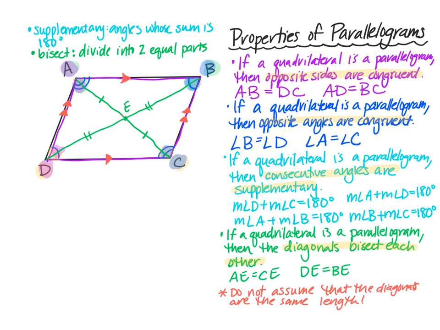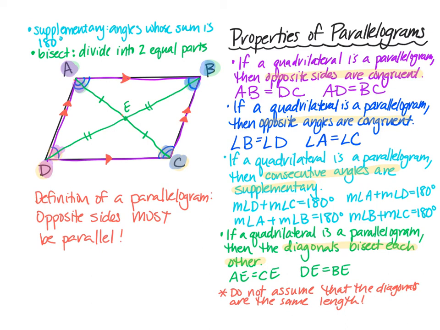From the definition of a parallelogram, opposite sides must be parallel. So if you have a four-sided figure where opposite sides are parallel, then you have a parallelogram, and that figure meets all four of these criteria automatically.